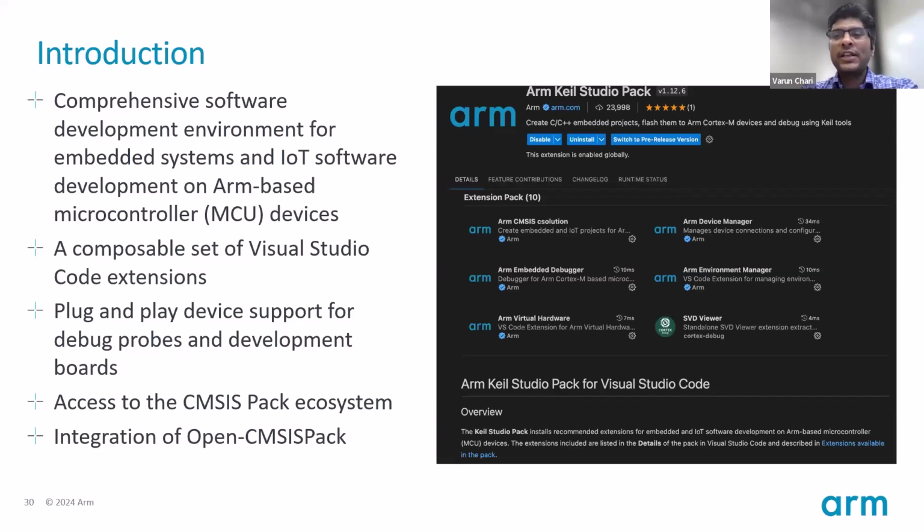So you don't have to really go into the terminal and access the CLI tools. You can do everything interactively using VS Code, Keil Studio Pack, or various Arm extensions. So think of it like you're developing an ML application at a high level in VS Code, and then when you decide to deploy it on a target or develop on the edge, you just change into a different IDE.